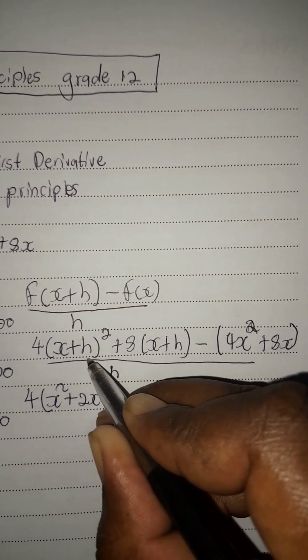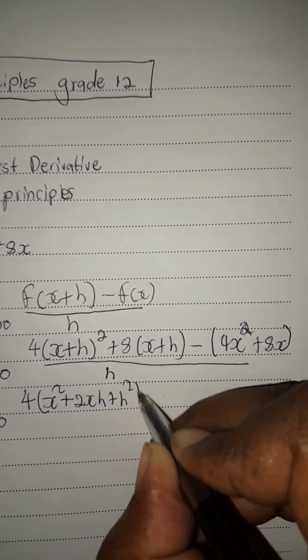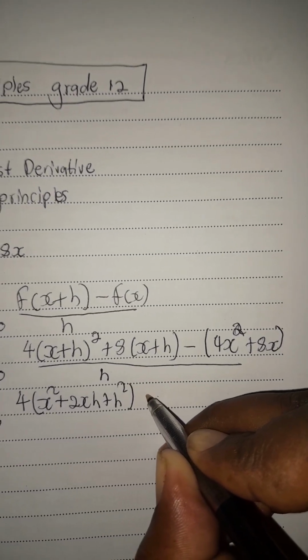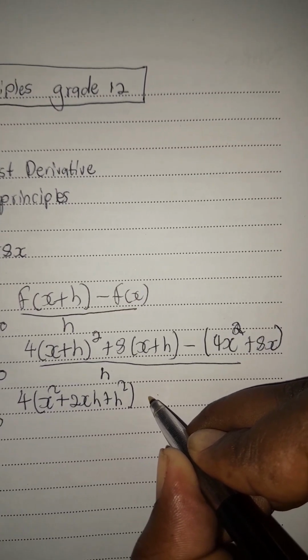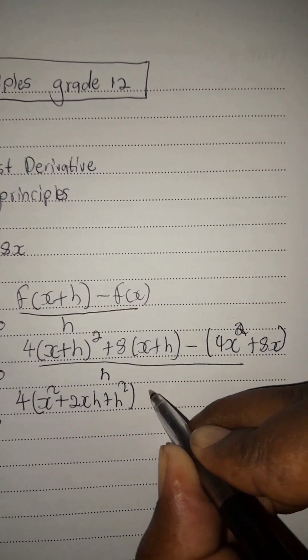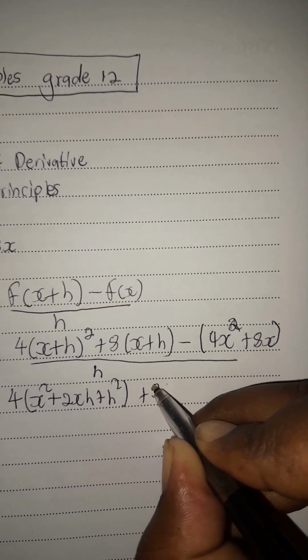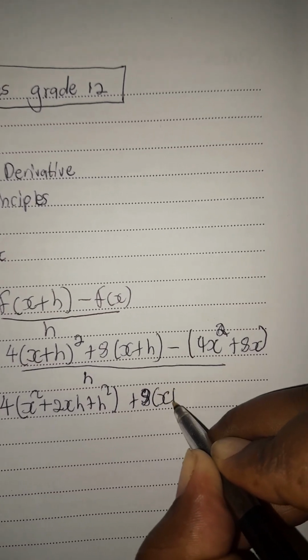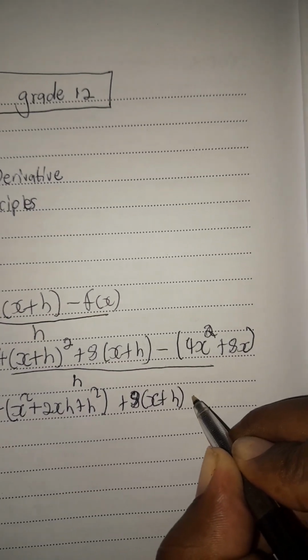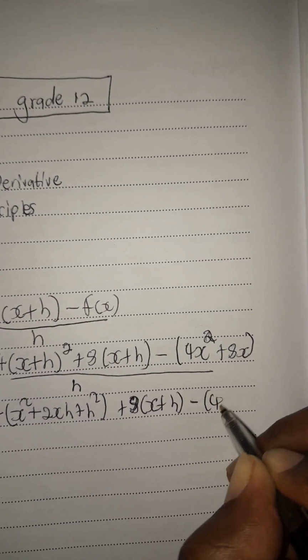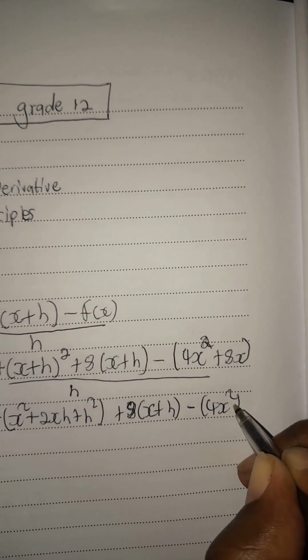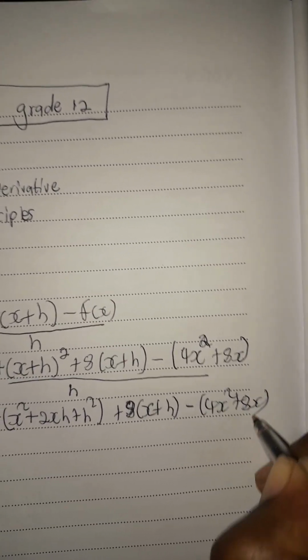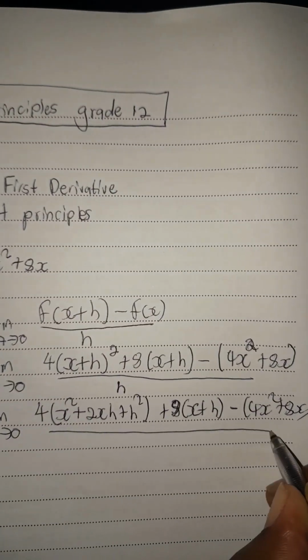Then we square the last, which is h, then it will be h squared. Let me leave this the same. I'll do that on the third step. Therefore, that's x plus h, minus 4x squared plus 8x, divided by h.